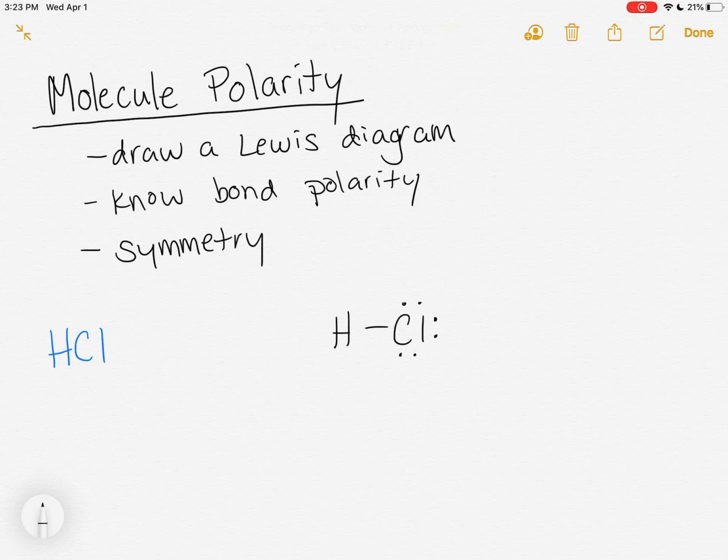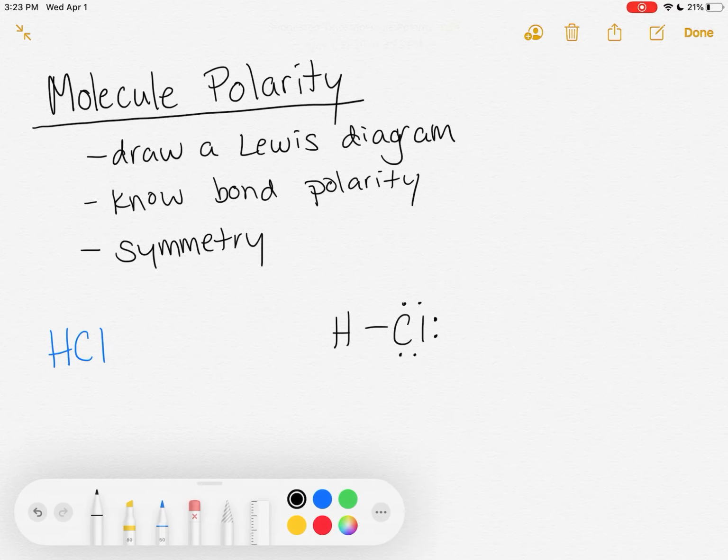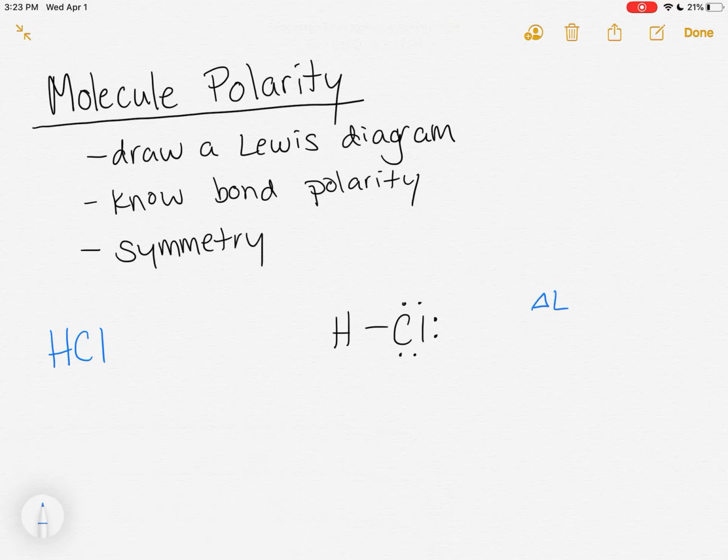We're going to determine the difference in electronegativity so that we can figure out the bond polarity. So the difference between hydrogen and chlorine, if we look at our periodic table, hydrogen is 2.1, chlorine is 3, so our difference is 0.9. And we know about bond polarity, that means that we have a polar bond.